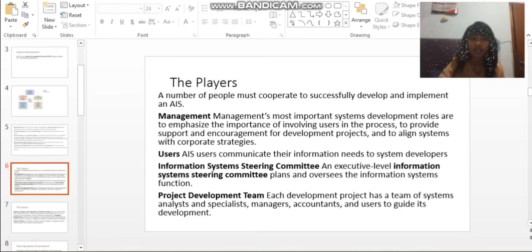User. AIS users communicate their information needs to system developers. Information system steering committee. An executive-level information system steering committee plans and oversees the information systems function. Project development team. Each development project has a team of systems analysts and specialists, managers, accountants, and users to guide its development.